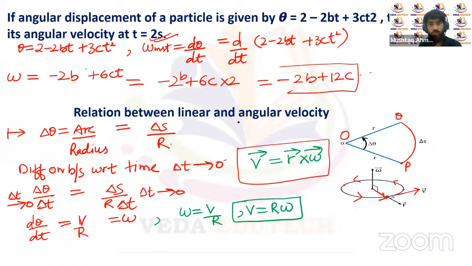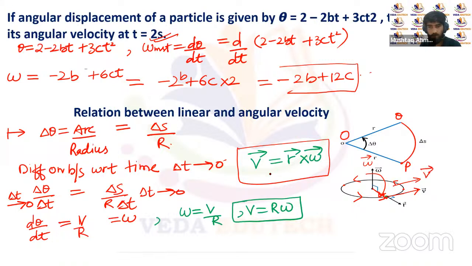So this was the relation between angular velocity and the linear velocity. Suppose this is the omega along this direction. If we curl the fingers and calculate the cross product between the omega vector and the r vector, it will be directed along this velocity vector v.